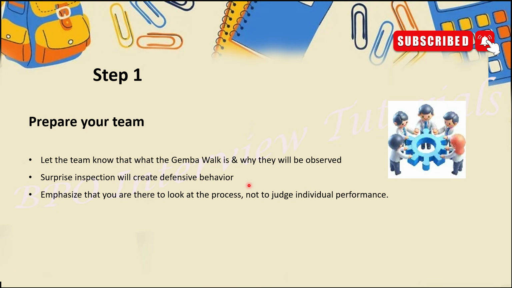If you go suddenly, they will play defensive. They will not do their BAU work, and they will try to hide a few things. That's the reason, always prepare your team before going for the Gemba walk. Empathize with your team and tell them we are looking at the process, not judging individual performance. If we do all these things, the start will go smoothly.